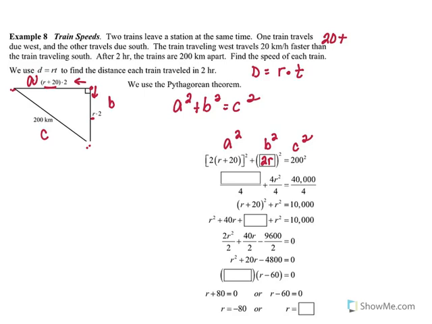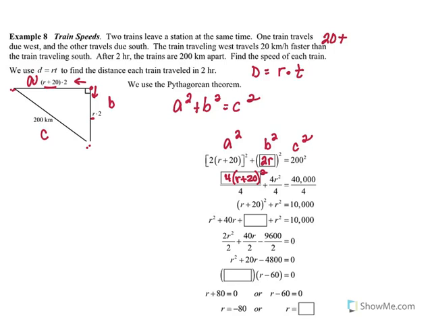On the left, we'll have 2 squared, which is 4, times (r plus 20) squared. 2r times 2r is 4r squared, and 200 squared is 40,000. Notice that they're all divisible by 4, so I'm going to divide them all by 4. When I do that, I'm left with (r plus 20) squared plus r squared equals 10,000.